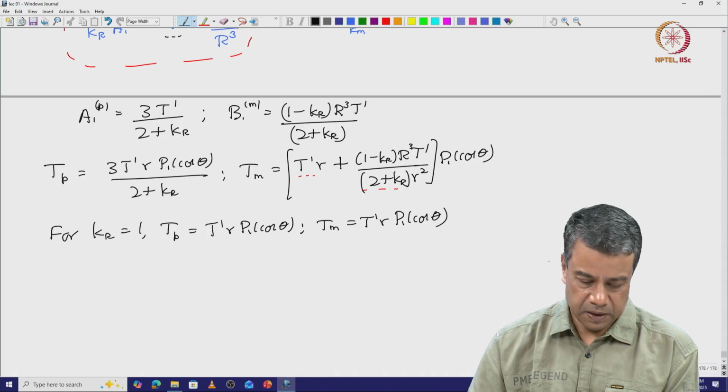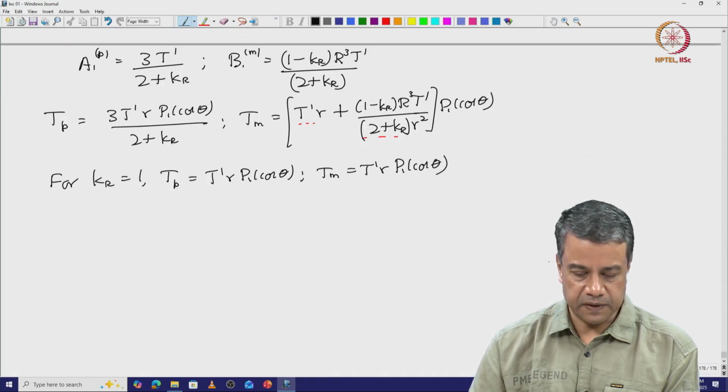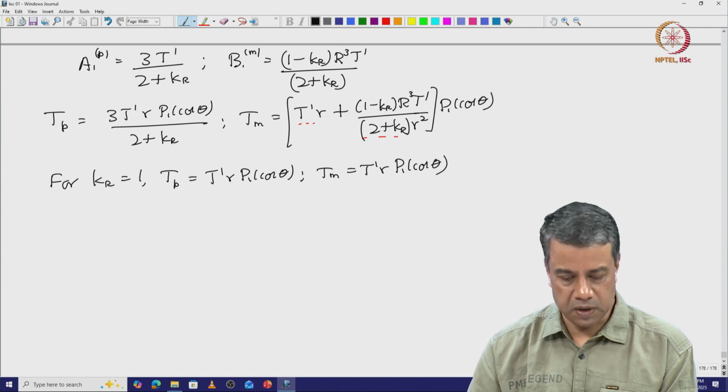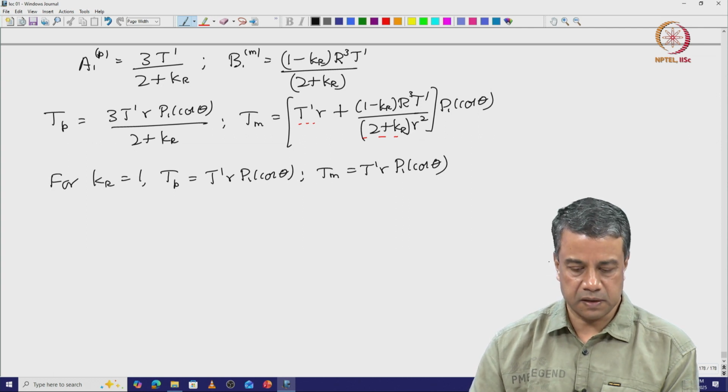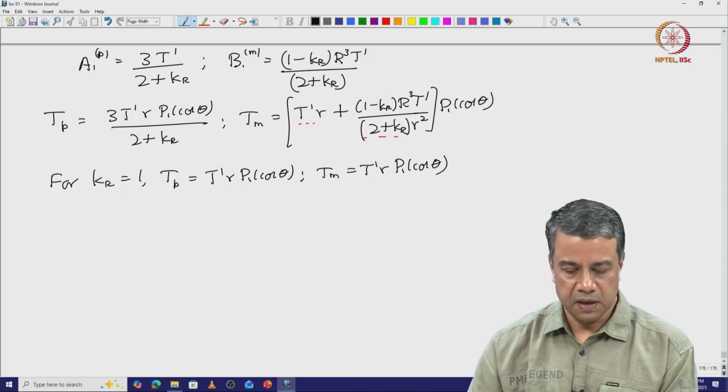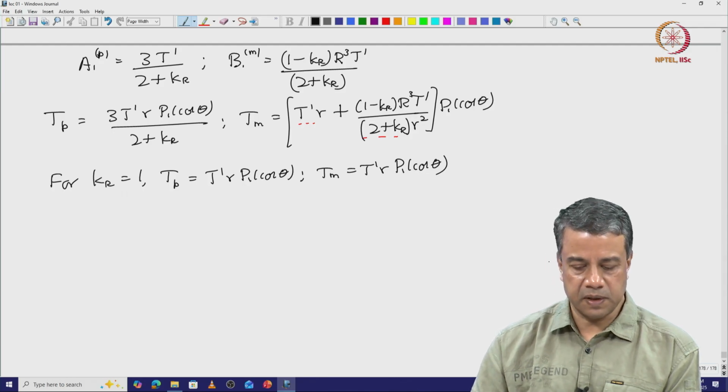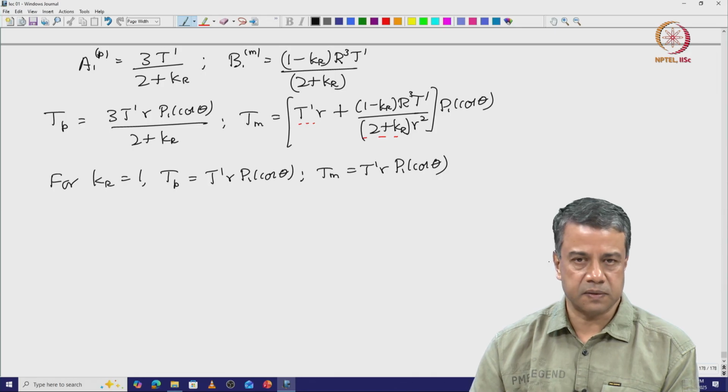And you can plot these temperature fields. If K r is greater than 1, the thermal conductivity of the particle is greater than the thermal conductivity of the matrix. This term, (1 minus K r) cubed T' by 2 plus K r into 1 over r square, turns out to be negative.